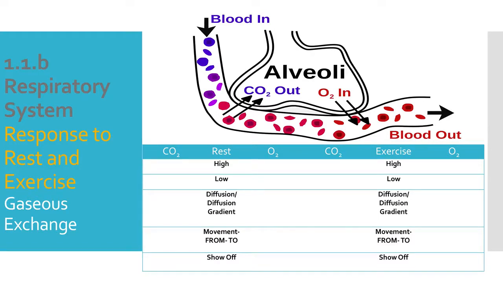So it moves down the diffusion gradient from the alveoli into the capillaries. Show-off sentence, where we could start talking about here: it dissolves in plasma. It combines with hemoglobin to produce oxyhemoglobin, and then is transported to the muscles or the respiring cells, whatever you want.